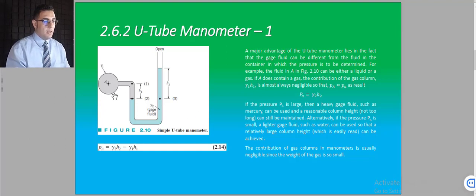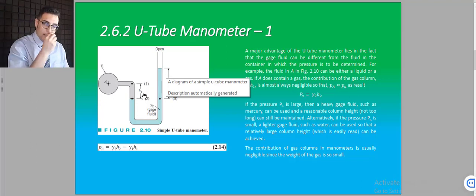Again, here if we have a heavy fluid, like mercury, we can already maintain the whole situation. But if we have a light fluid such as water, it is best for us to increase the height of this section in order to maintain the whole situation.